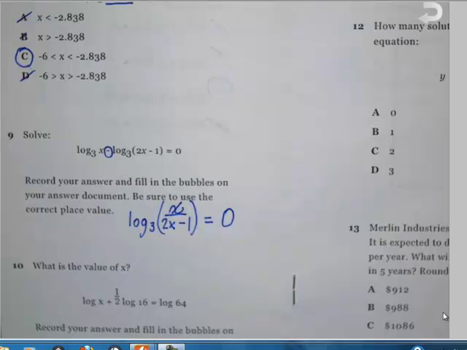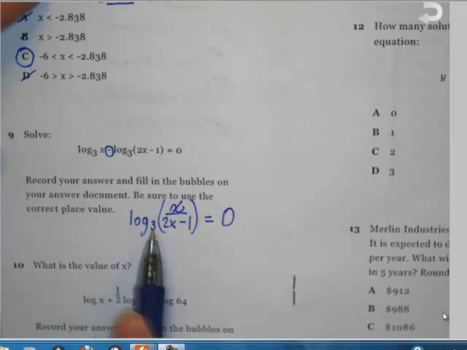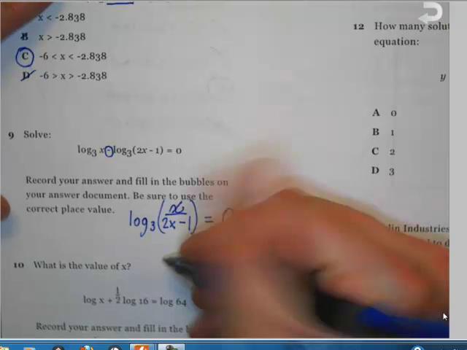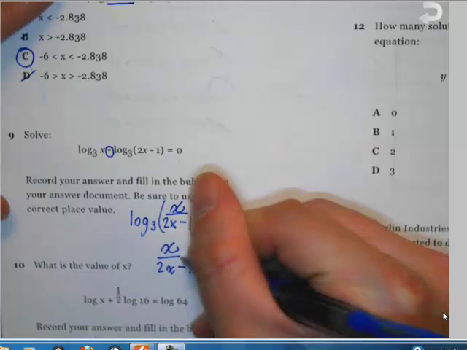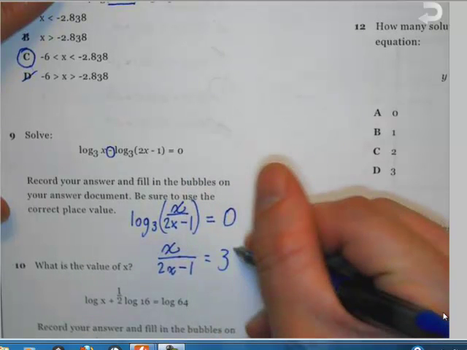Now, at this point, we can actually rotate things around and put this in an exponential form, and things will make sense. So, here's our base, here's our exponent, here's our term. So we have x over 2x minus 1 is equal to 3 to the 0.